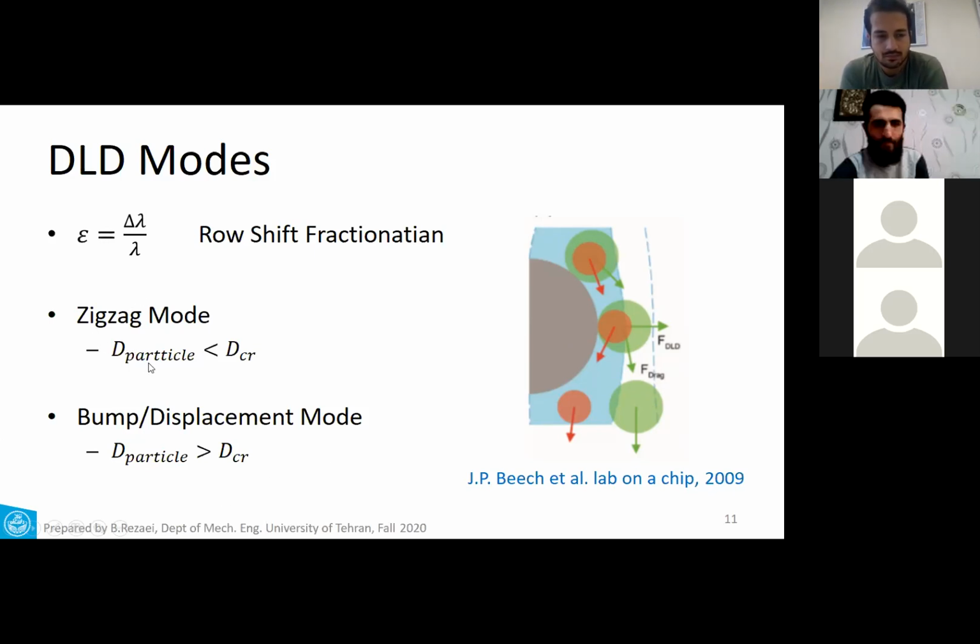One is zigzag mode, for small particles whose diameter is less than a critical value, and the other is bump or displacement mode, for when their diameters are larger than a critical value.